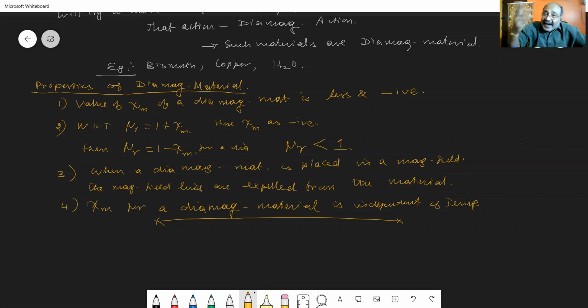If the temperature is raised or lowered, the susceptibility of the diamagnetic material never changes. This is the theory behind diamagnetic materials and the properties of diamagnetic materials. Hope you should have understood.